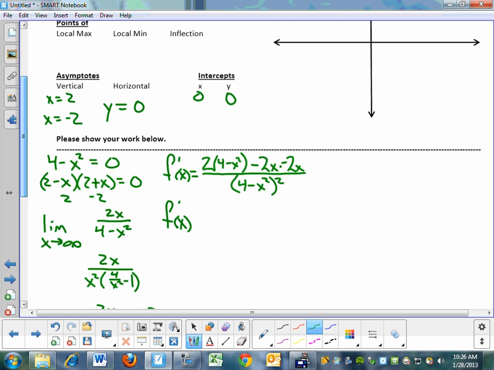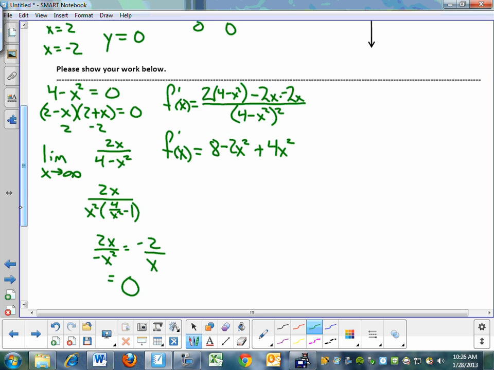So that means that f prime of x is then equal to 8 minus 2x squared plus 4x squared. That's okay. So I end up with, it looks like 2x squared plus 8, correct? Over (4 minus x squared) quantity squared. Oh boy.